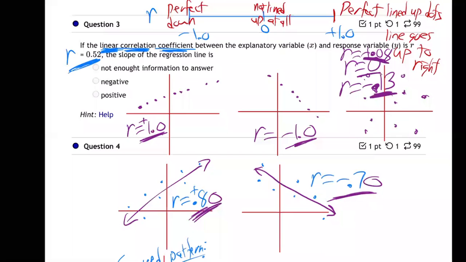Honestly, I'm not 100% sure how specific they want us to get on this question, but it's positive, isn't it? So the slope is positive. The R tells you the slope, and the slope in this case is positive. So there we go.